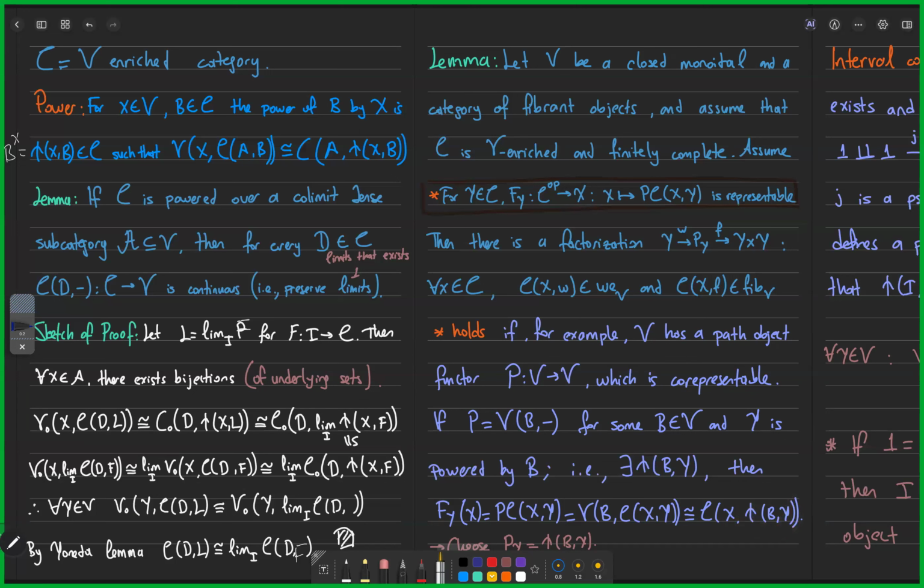Sorry, co-representable by this object. So we can choose P sub Y as the power, and we get a path space of Y in that case.